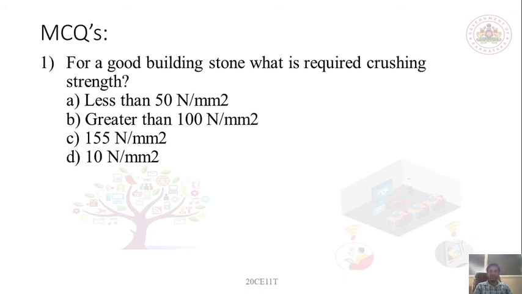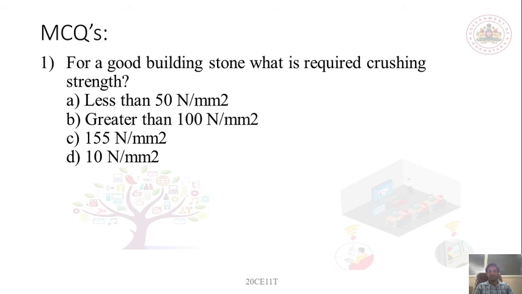That is what we have studied. 155 Newton per mm square, maybe this is the answer. Greater than 100 Newton per mm square, maybe this is also an answer. Less than 50 Newton per mm square, no, this is not the answer, because 60 to 200 is our general definition. So we are stuck with answers B and C.